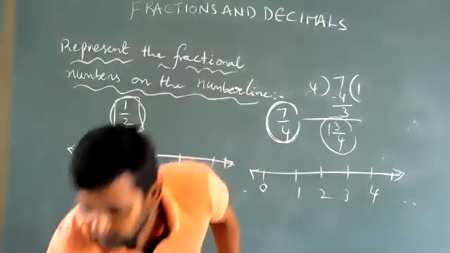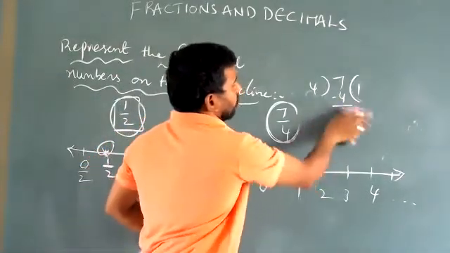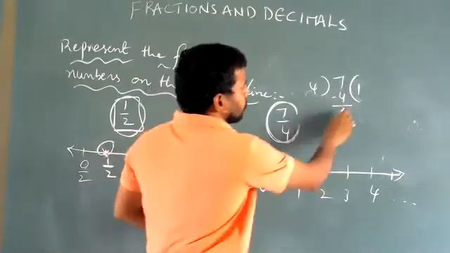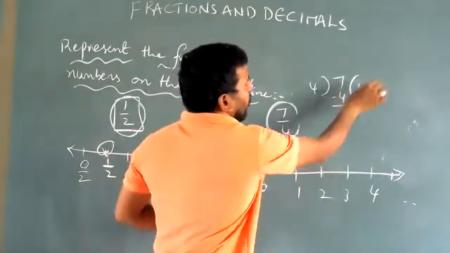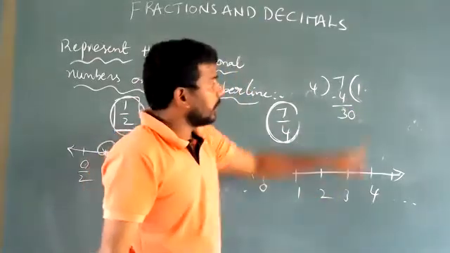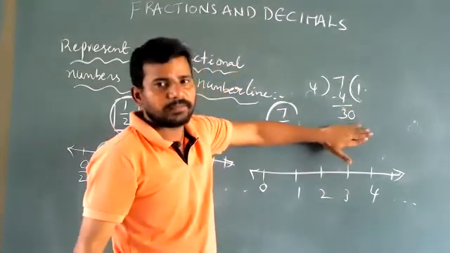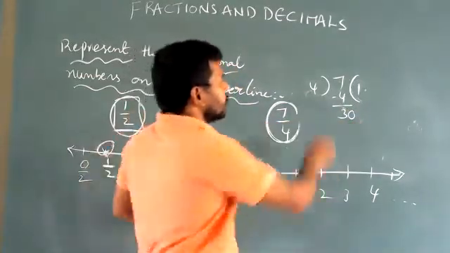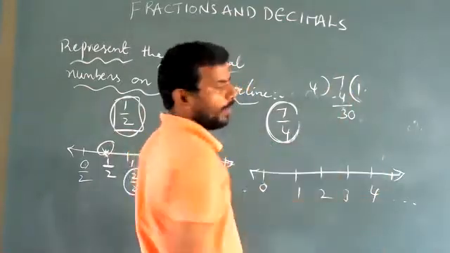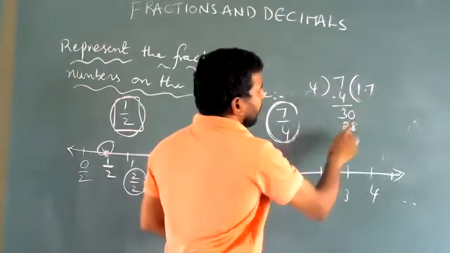Or you convert it to a decimal number. So 3, here put a point, and keep 0. How much here? 30. So 4 in 30, how many times? 7 fours are 28.